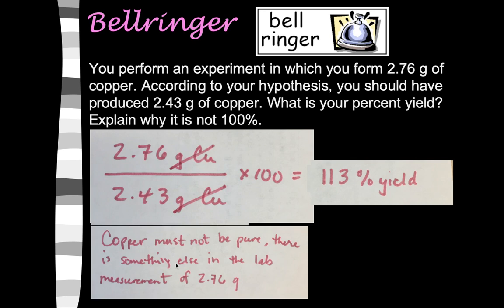The water didn't all evaporate yet. So some of those molecules are still in there. But something is mixed in with the copper. I'd have to look through my procedure to figure out where my mistake was, but the copper would not be pure. That would be explaining why my percent yield is higher than 100, and then would help me explain my error. All right, so that is a review of percent yield, our last topic.